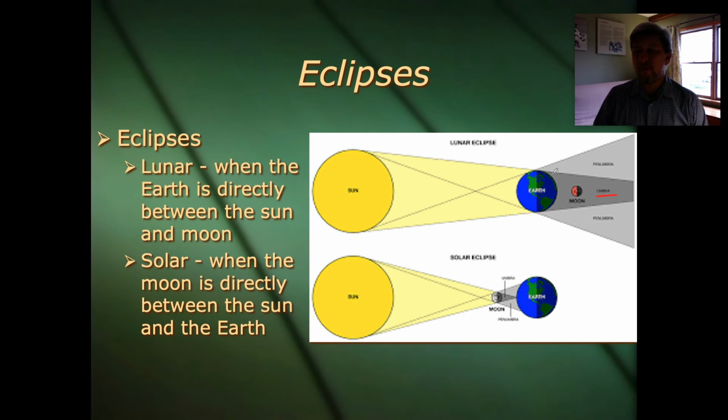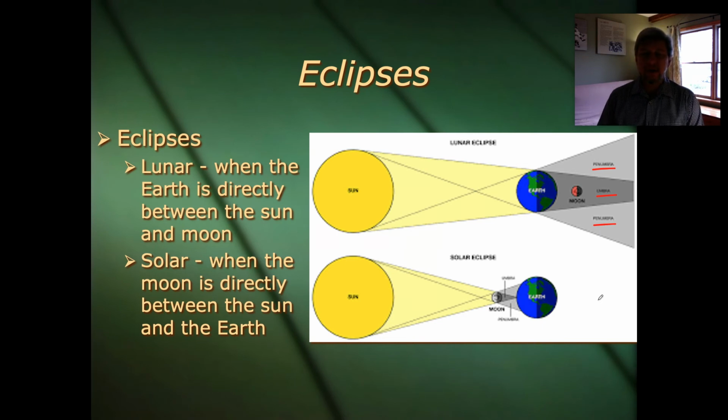Now, if the moon was in this area up here or this area down here, there's a partial eclipse because we call that the penumbra. This is an area where some light from the sun hits the moon, but not very much. Now, on the other hand, down here, you see the scenario for what we call a solar eclipse.